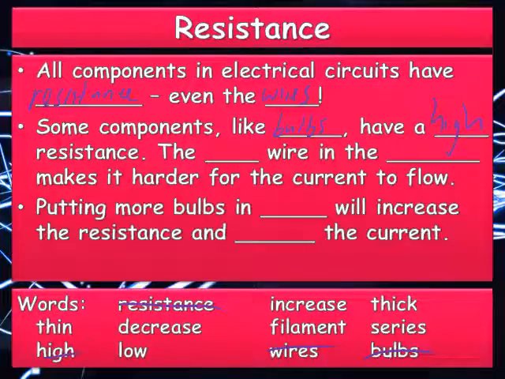The thin wire in the filament makes it harder for the current to flow. Okay, so we make our filament. Putting more bulbs in series will increase the resistance and decrease the current.